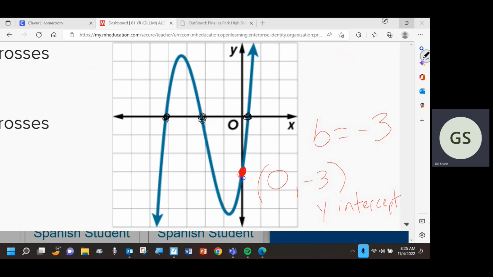Count. 4. 4 was probably closer. But what side of the 0 are you on? Negative. Remember, going left is negative, so your number part was right.